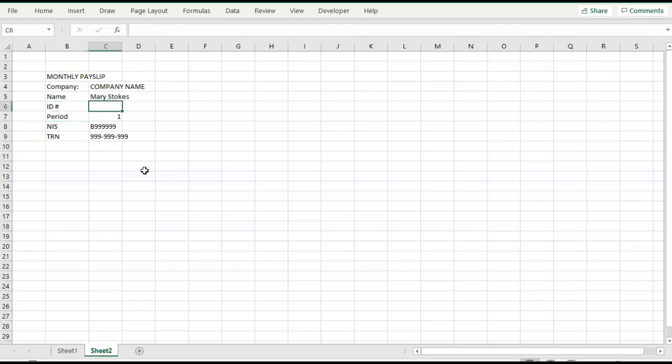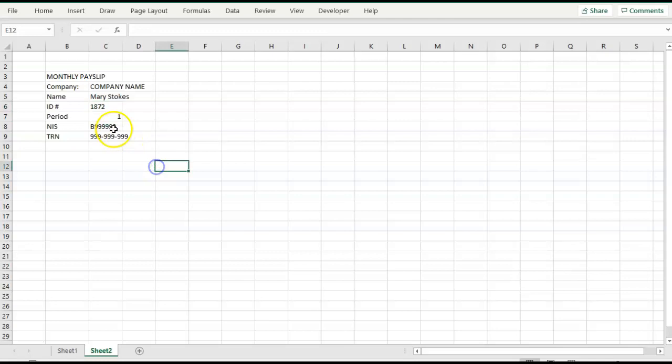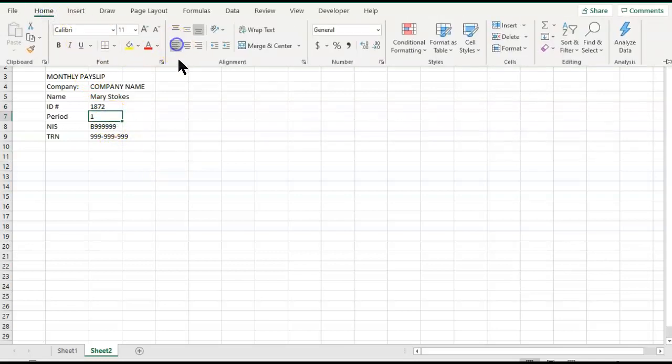Let us say this employee is 186. So every employee in the company will have a unique ID number. Okay, so I think we're ready now to get into the numbers.